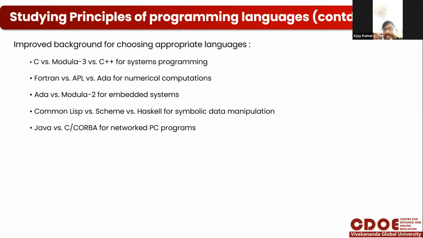That is the difference. We want to know which of these languages is good for programming, for numerical programming, numerical problems, embedded systems, and networked PC programs. So these are the languages we compare to find our requirement for the code, our requirement to start our project, and which language we need to include in it.